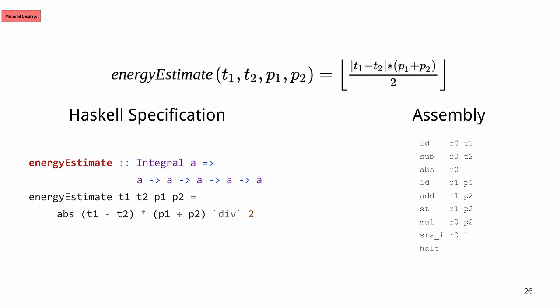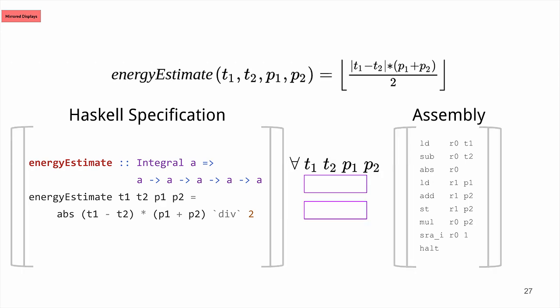So here we have the same program we've seen before, which is basically the assembly translation of that formula. And we would like to prove that for every time point and for every power value, the semantics of those programs are actually equivalent. So the specification and the refined implementation do the same thing.